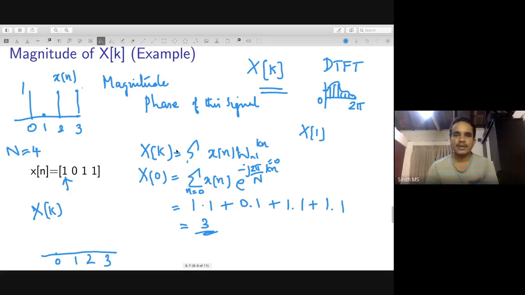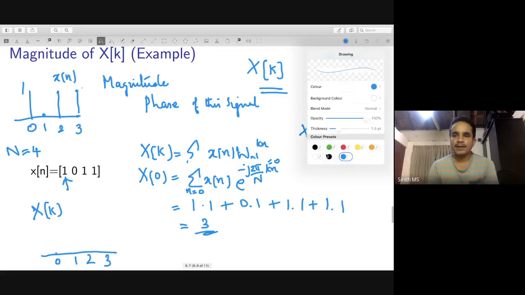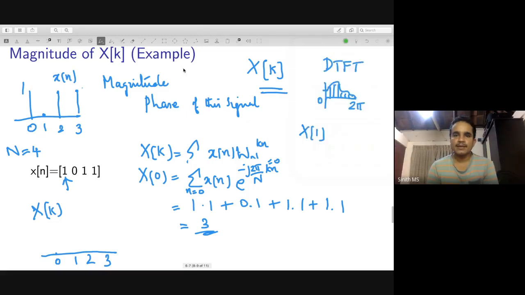So what will be your W_N? Your W_N will be e raised to minus j 2 pi by 4 into kn, because N equal to 4, the same as e raised to minus j pi by 2 into kn. So this we will make use of here.